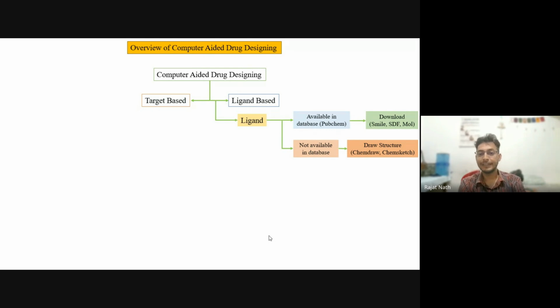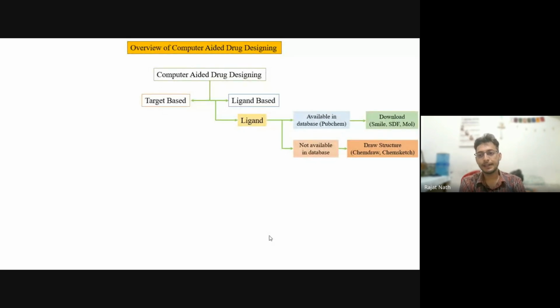But if the ligand is novel, you have found it and no one has reported it earlier, you have to draw your ligand, convert it into 3D format, and download it in an HDF file, mol file, or SMILES format. So what are SMILES, HDF, and mol?